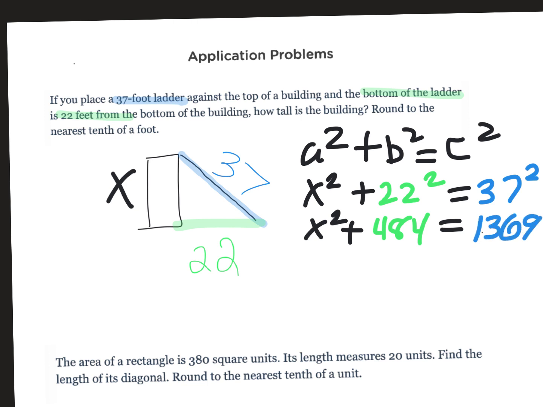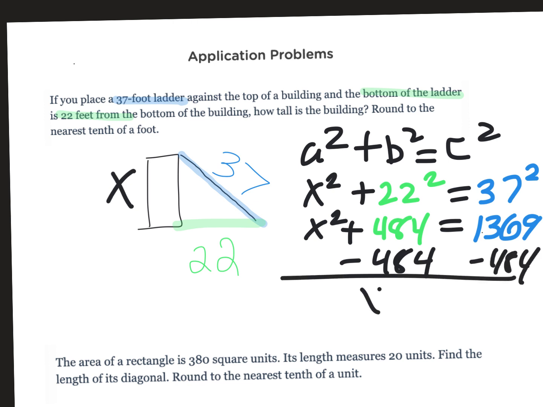And then you guys know from yesterday, when you're solving for the leg, you just need to subtract on both sides. So x to the second power is equal to 885. And lucky you, when it says round to the nearest tenth, all you have to do is plop it into the calculator. You don't even have to simplify the radical.